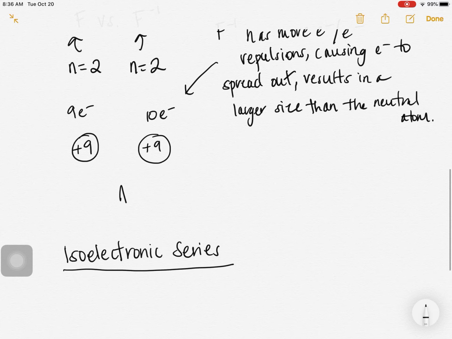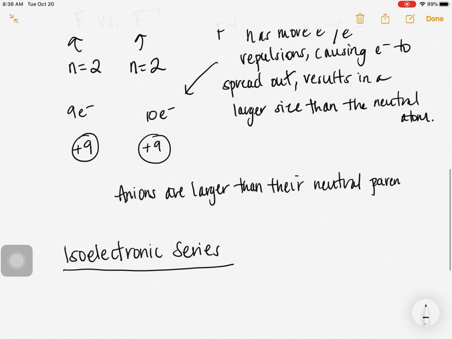So kind of bold statement, anions are larger in size than their neutral parent atom.